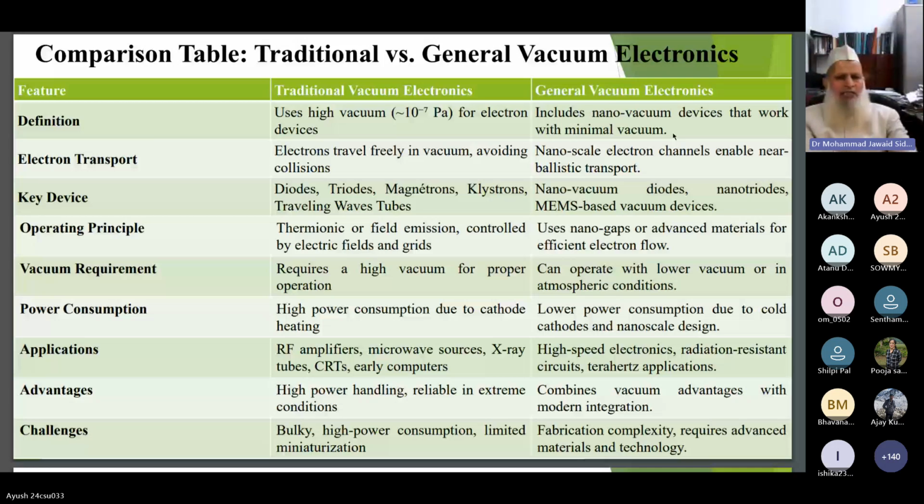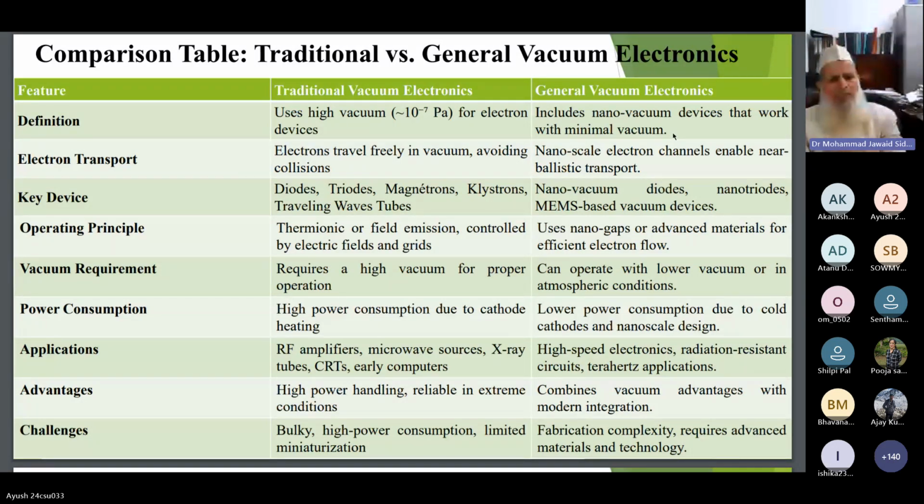Operating principle: in the traditional vacuum electronics, that is thermionic or field emission controlled by electric fields and grids. In nano, that uses nano gaps or advanced materials for efficient flow of electrons. I have told you that the ballistic flow occurs in nano electronic devices.